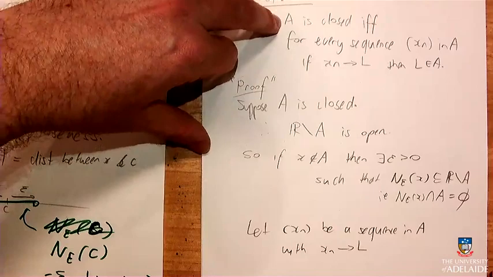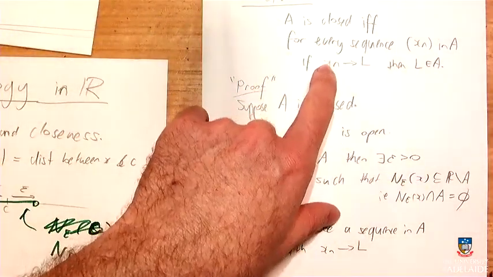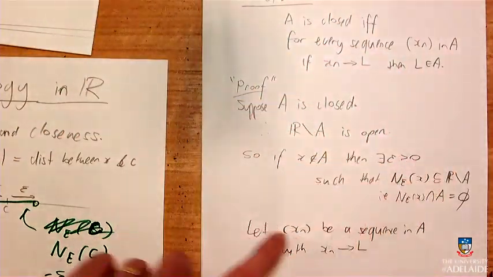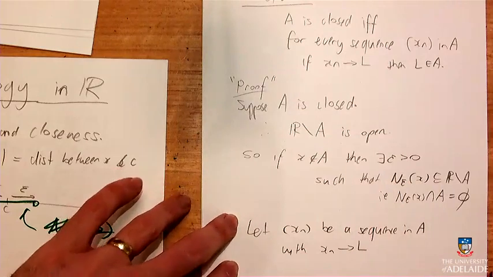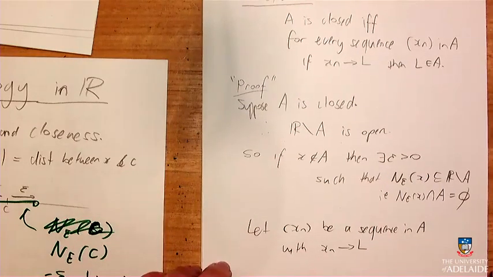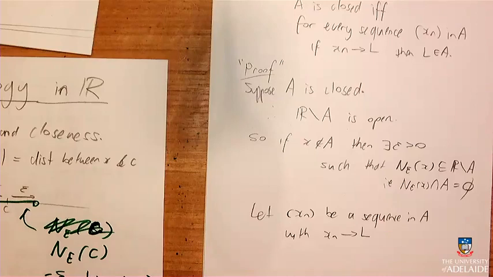Suppose it's closed. Prove that every sequence in A that converges, converges to something in A. So I'm going to let xn go to L, and I'm going to have to provide reasoning that ends with therefore L is in A.